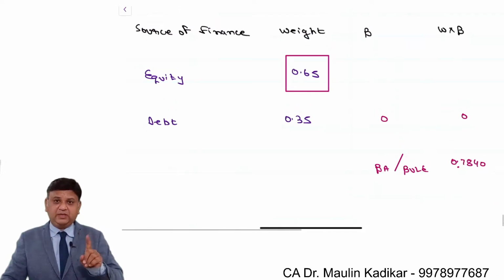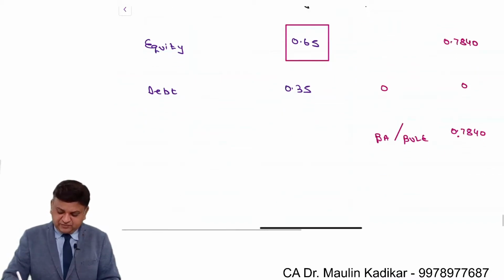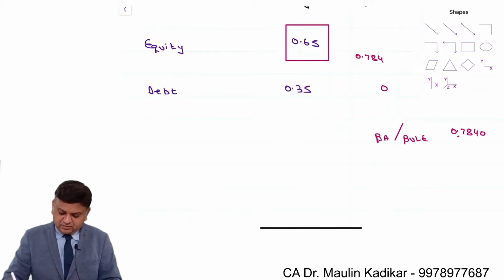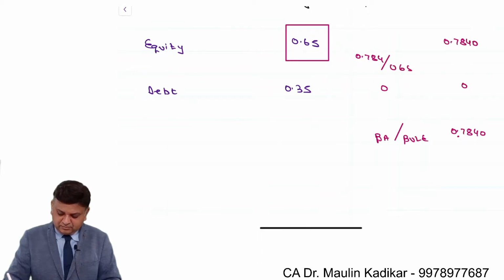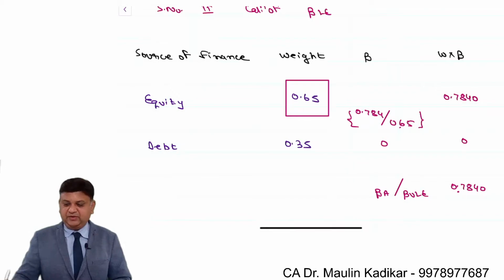Then you make the backward working. This is 0.7840. And then beta of the levered equity will be found as a balancing figure: 0.784 divided by 0.65. This is the way we are required to find the answer, 0.784 divided by 0.65.